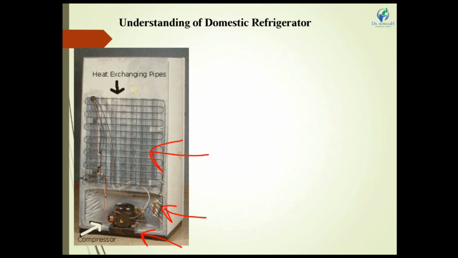The zigzag tube is the condenser of the refrigerator. Inside the refrigerator, this part we call the ice box, and that's the evaporator. And there is a small capillary tube for throttling of the process that will produce a chilling effect.